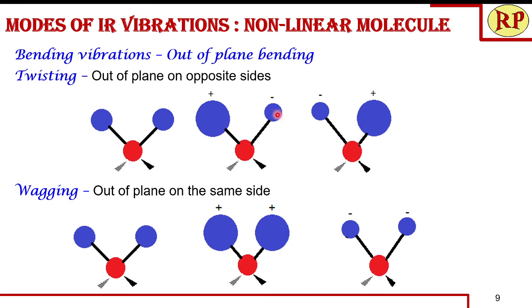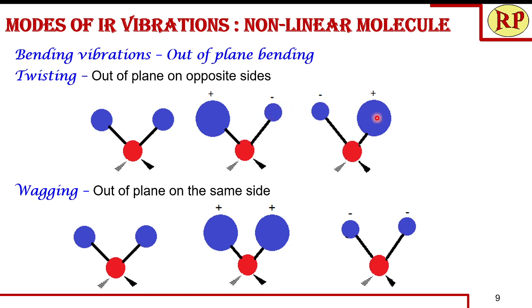So it is going out of plane. The ball which is coming above the paper will be closer to your eyes, and it will look bigger, and the one which is going below the paper will be away from your eyes and it will look smaller. But actually the size of the atom is not at all changing. Because the distance from your eyes is changing, it looks as though the one which is coming above the paper is bigger in size and the one which is going below the paper is smaller in size.